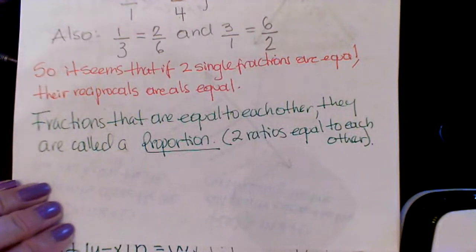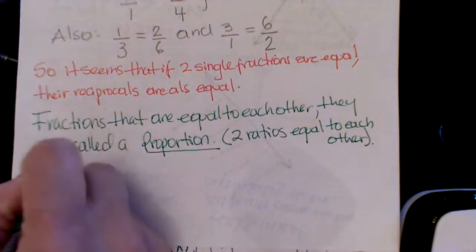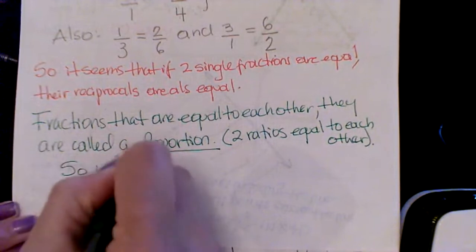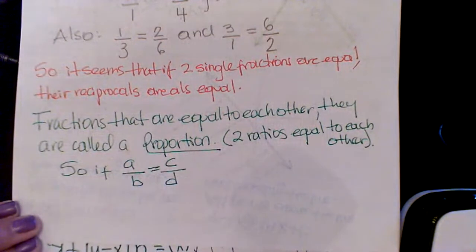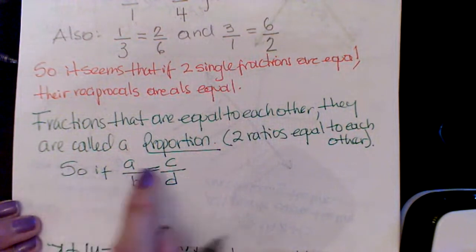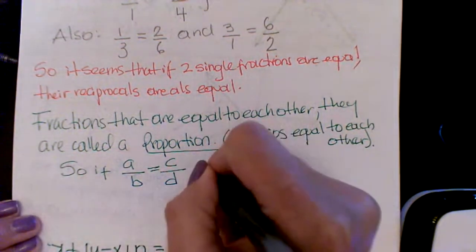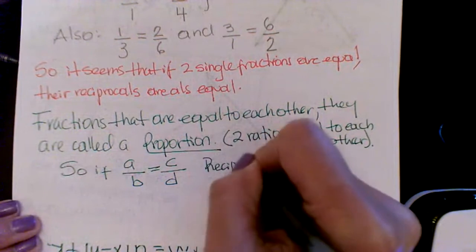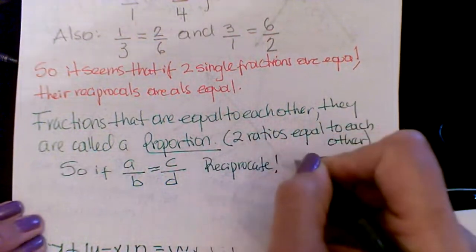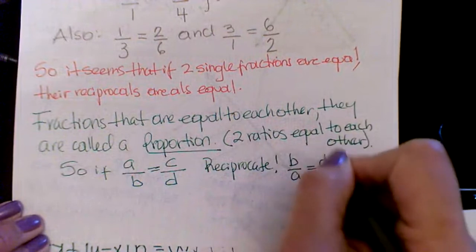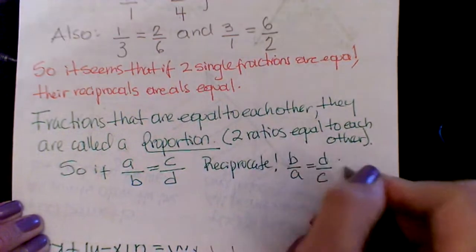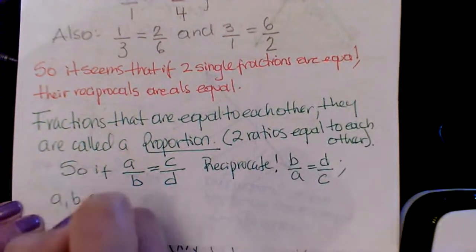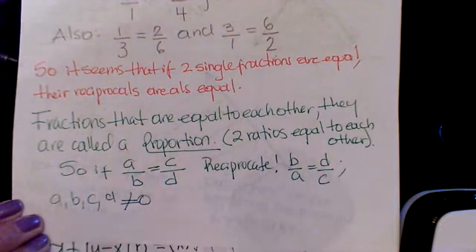So here comes the rule. If A over B is the same as C over D, what can we do here? We can reciprocate. If we reciprocate, what do we get? B over A is the same as D over C, where A, B, C, and D are not equal to 0.